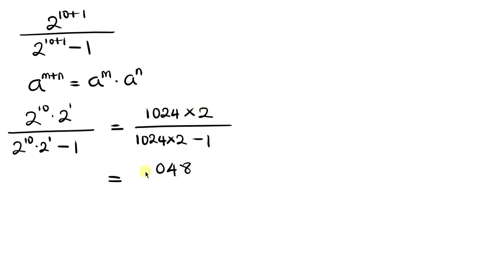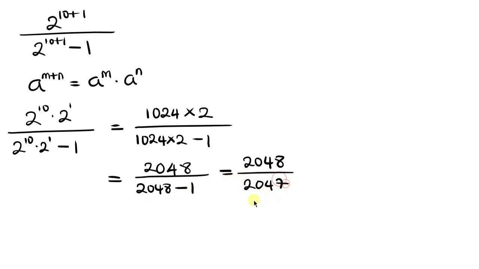And 2 times 1 is 2. All over. Now, the denominator, 1024 times 2 gives us this same result, which is 2048, now minus 1. And this results in a final answer of 2048 all over, now 2048 minus 1 gives 2047. And there you have it.